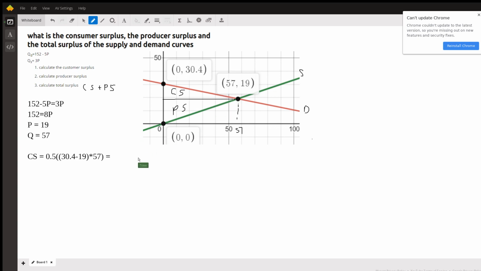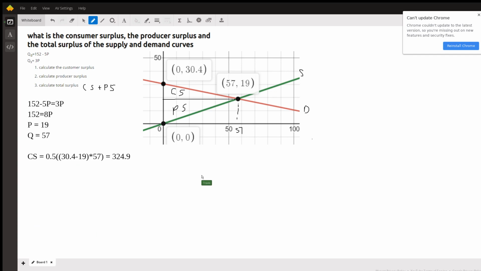If we multiply all of that out, 30.4 minus 19 is 11.4, multiplied by 57. You get 649.8, and then we want to multiply that by 1/2, which is 324.9.